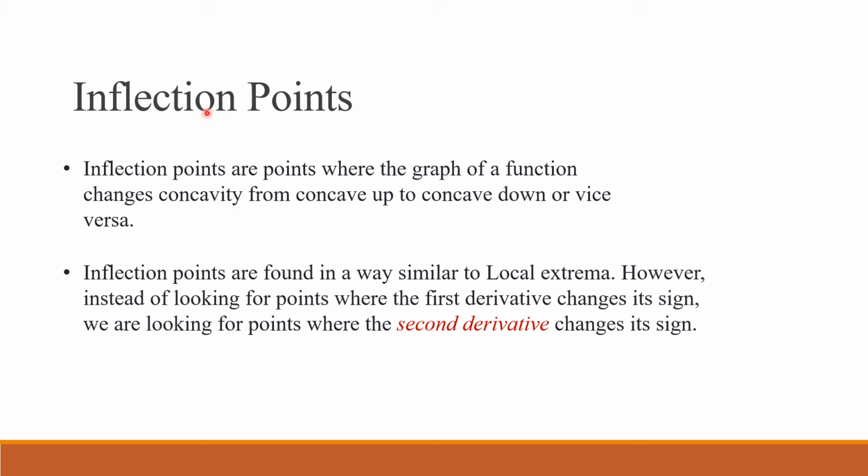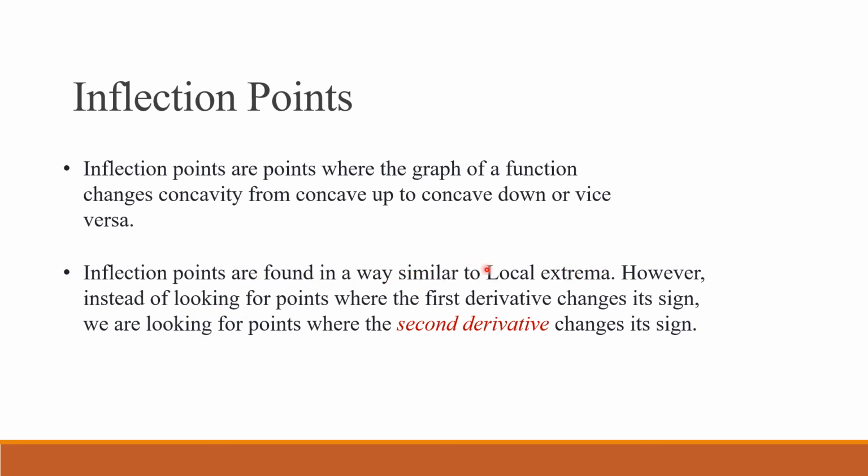Another important thing to identify in the function is if there are inflection points. Inflection points are the points where simply the graph changes its concavity, either from concave up to concave down or from concave down to concave up. Any change in concavity is called an inflection point. And inflection points are just found like local extrema.